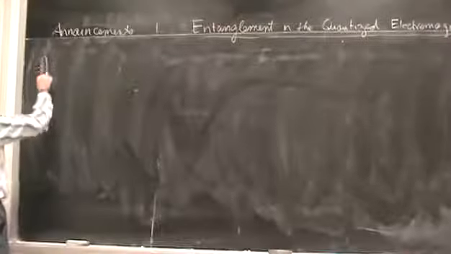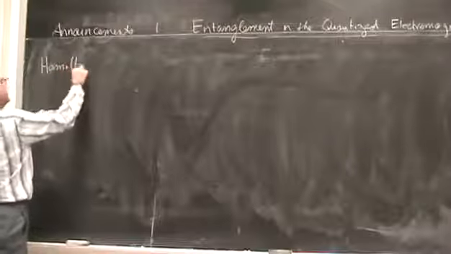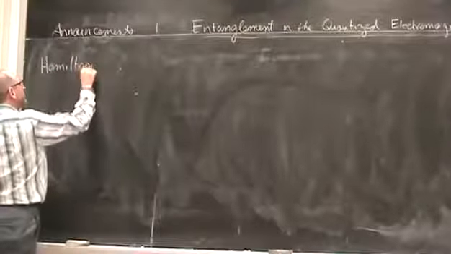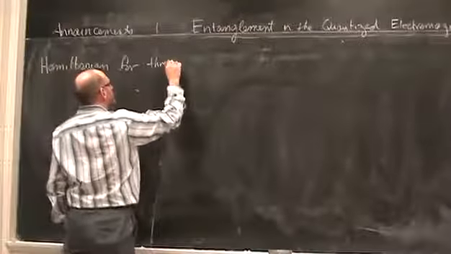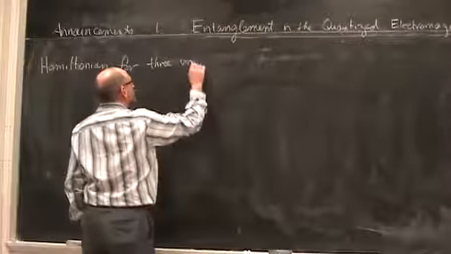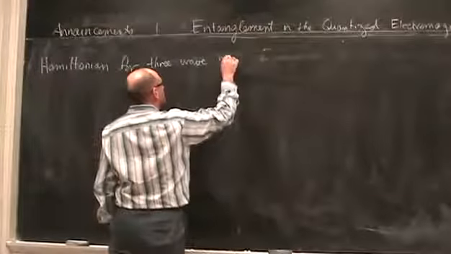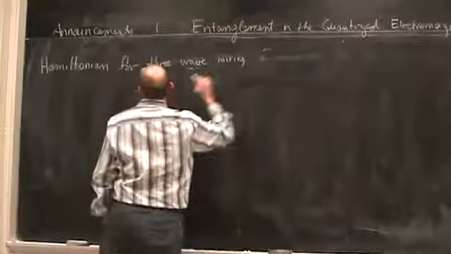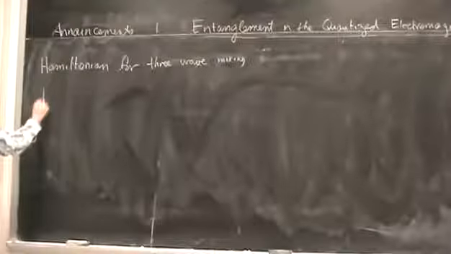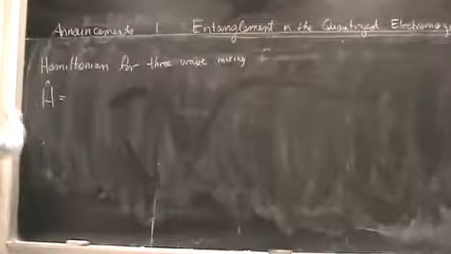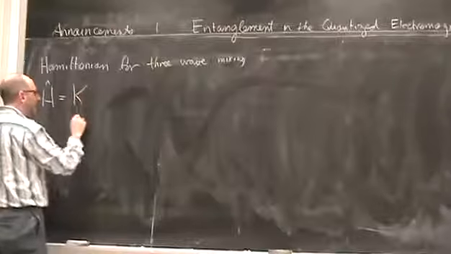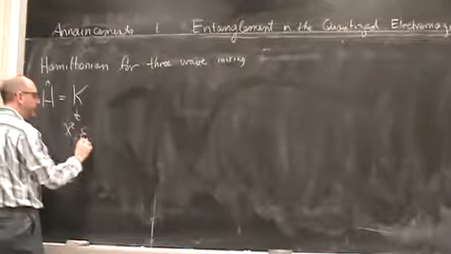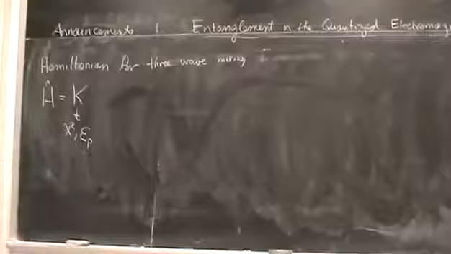So the Hamiltonian that we discussed for three-wave mixing looks like the following. Well, so we have some constant that depends on chi-2, and it depends on the intensity of the pump in the non-depleted pump limit, where we treat the pump as a classical field.